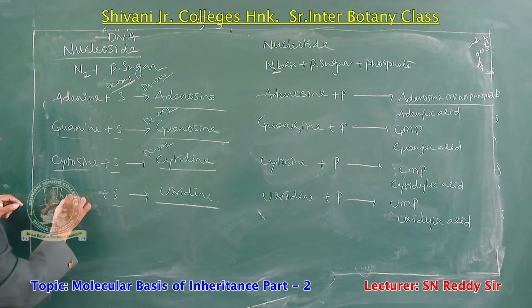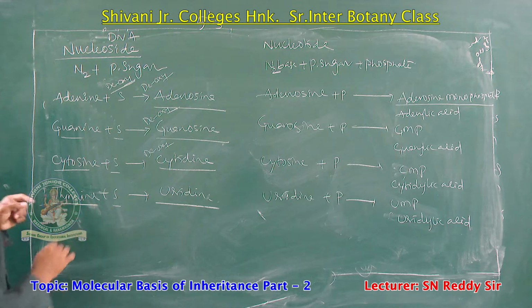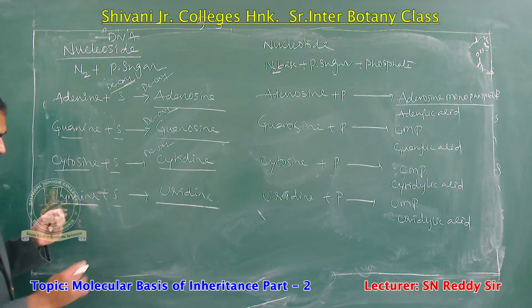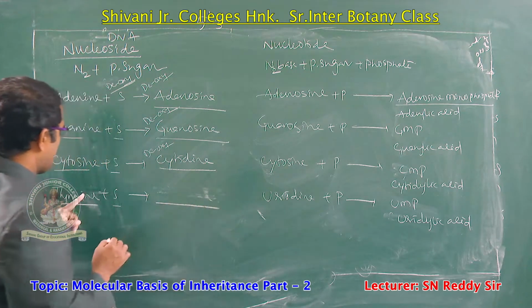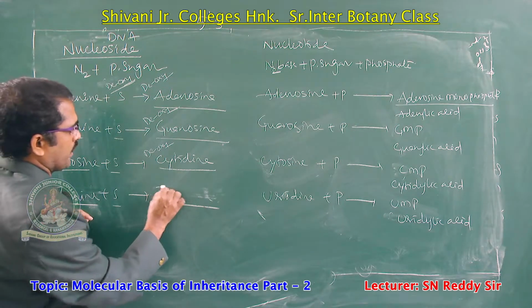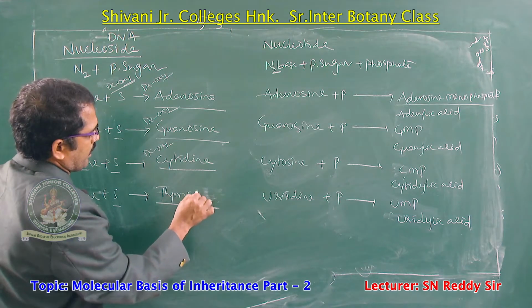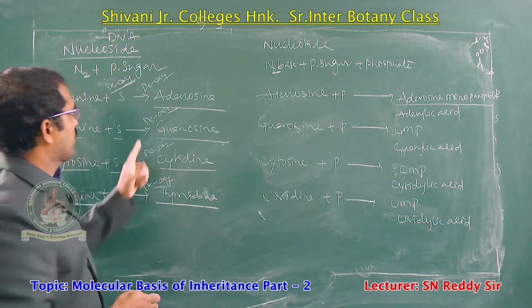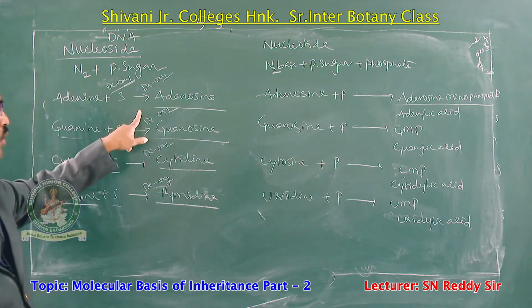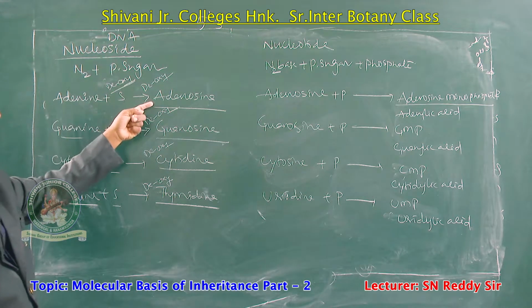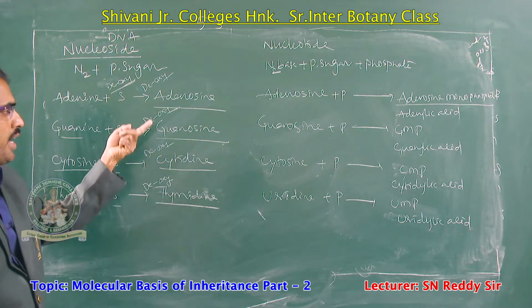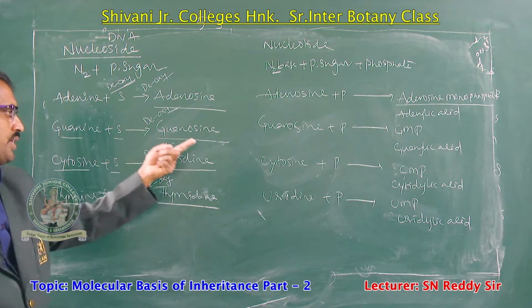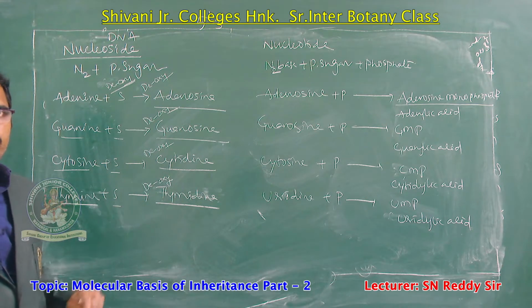Actually, in the case of DNA there is no uracil, there is thymine. So in the case of DNA, thymine plus pentose sugar is thymidine, so deoxythymidine, because the pentose sugar is deoxyribose sugar. So the nucleoside types are deoxyadenosine, deoxyguanosine, deoxycytidine, deoxythymidine.